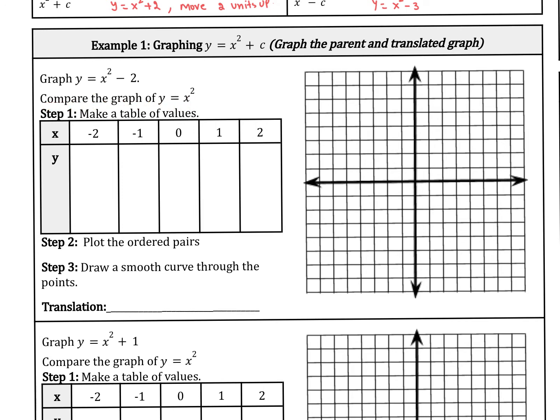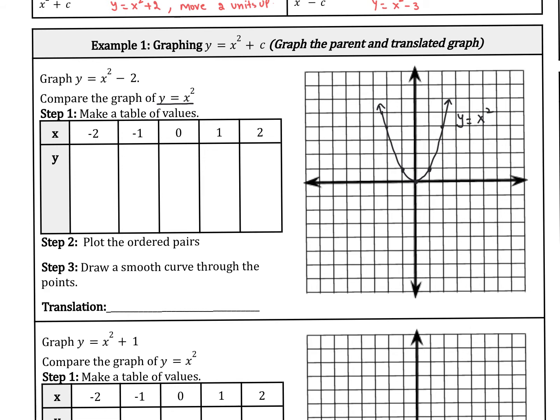Remember the original graph starts from 0, 0, 1, 1, 2, 4, and 3, 9, and mirror the same points on the other side. You get our parent graph y equals x squared.